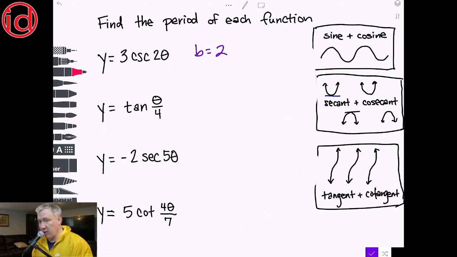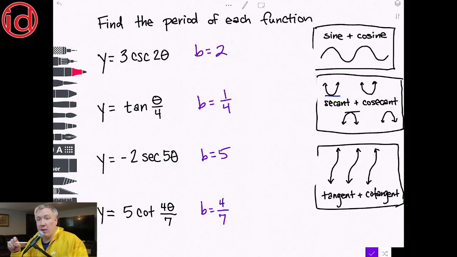So in the case of tangent of theta over 4, b ends up being 1/4, because multiplying by 1/4 is the same as dividing by 4. Down here we have b is equal to 5. And lastly, down here we have b is equal to 4/7, because 4/7 times theta, that theta can move up to the top with the 4, so that's one way of expressing it. So there's where b is.